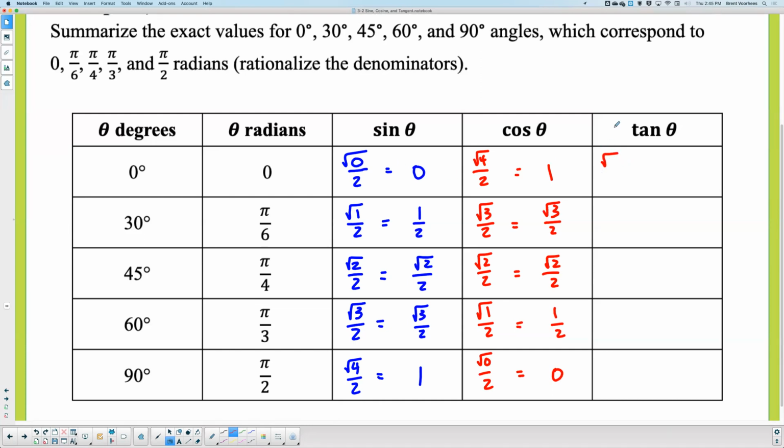Let me switch colors. I'm going to do the totally unreduced version. It'll be square root 0 divided by square root 4. What's the next one going to be? Square root 1 over square root 3. Next one. Next one.